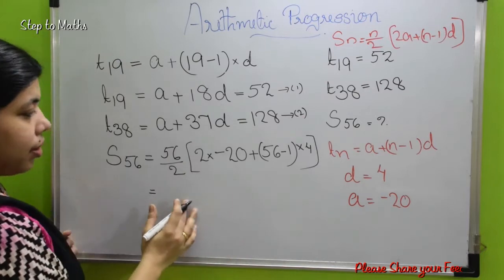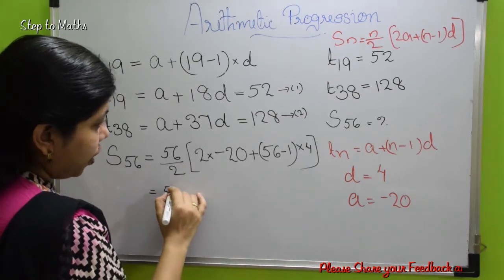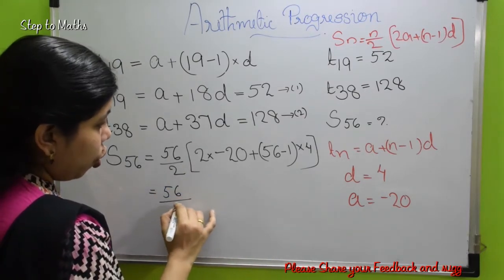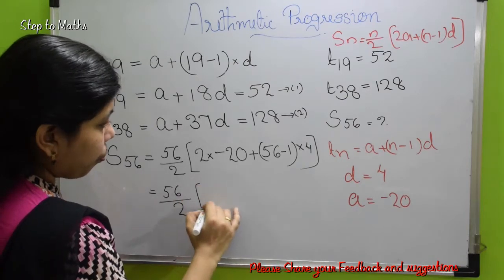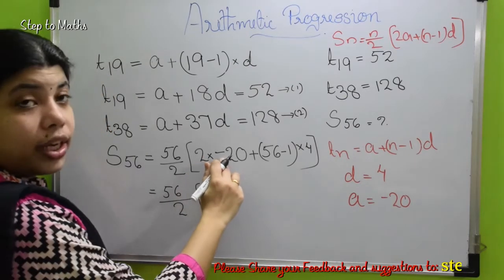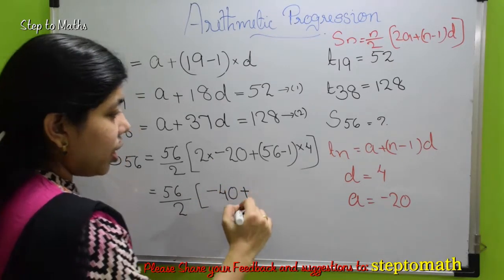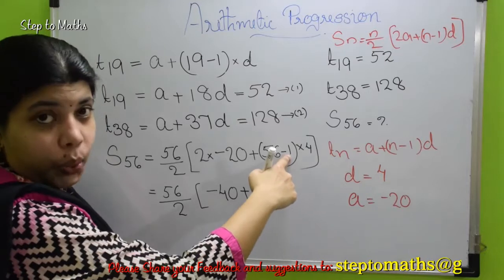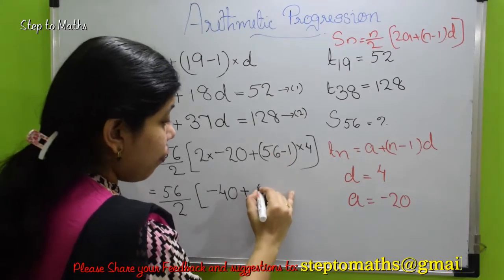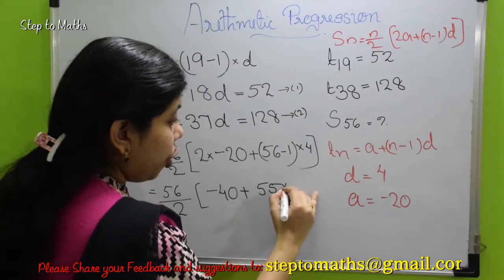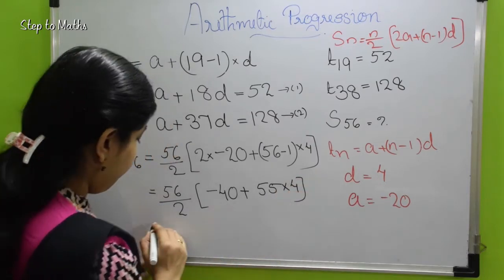Simplify these values. 56 upon 2 into minus 40 plus 56 minus 1, which is 55, into 4.